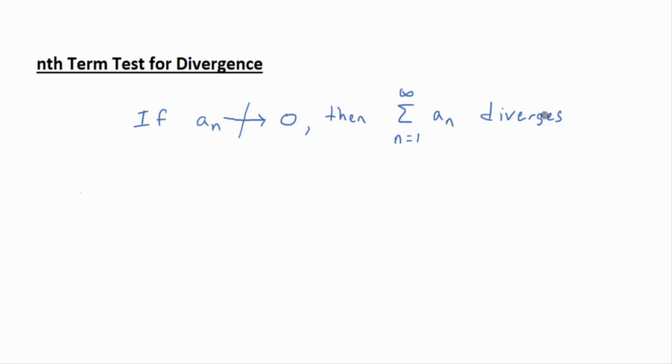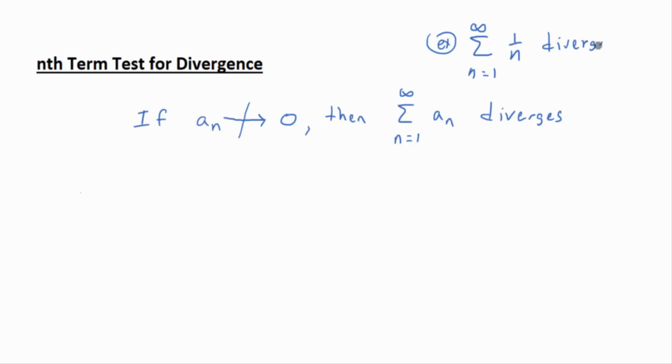Big idea there. A classic example, I think called the harmonic series: the sum from n equals 1 to infinity of 1 over n. Here 1 over n converges to 0. Agreed? That's our a n in this case. But it turns out that series does not converge. We'll talk about that more perhaps today, if not tomorrow. So this diverges. This is a counterexample if you're thinking that the fact that 1 over n converges to 0 means the series converges.